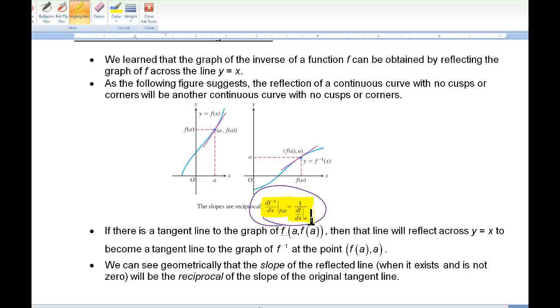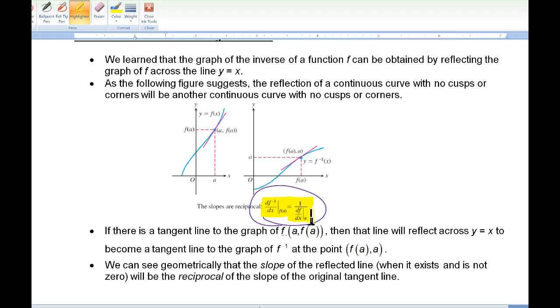F of a. So if you think of your original function as f, right? F of a is a y value. Remember what the inverse is? X and y's are switched around. That's how we find the inverse. If you had a particular point, x comma y, to find the inverse of that, you would make it y comma x.